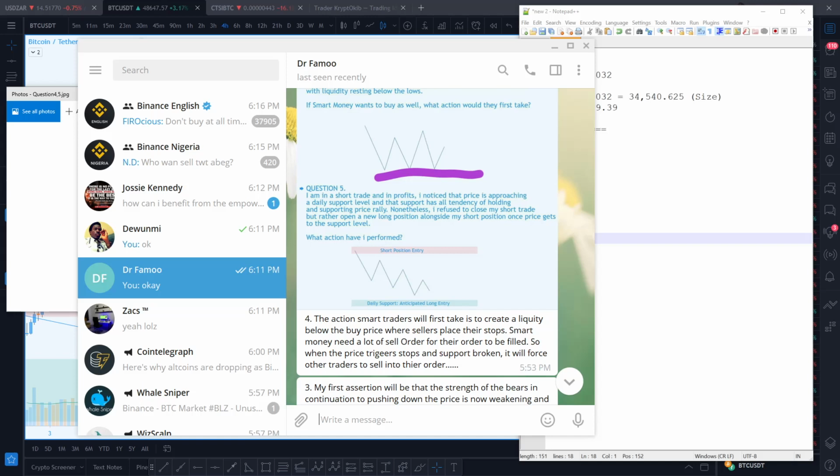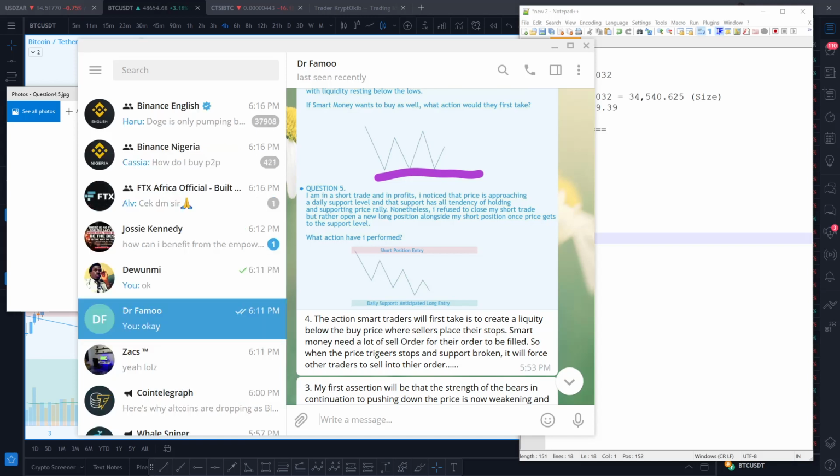I maybe meant to say buyers here, where buyers place their stop. Smart money will need a lot of sell orders for the order to be filled. Yes. So when the trigger stops and support broken, it will force other sellers to sell into the order. Okay, that is correct. You must have made a typo there.